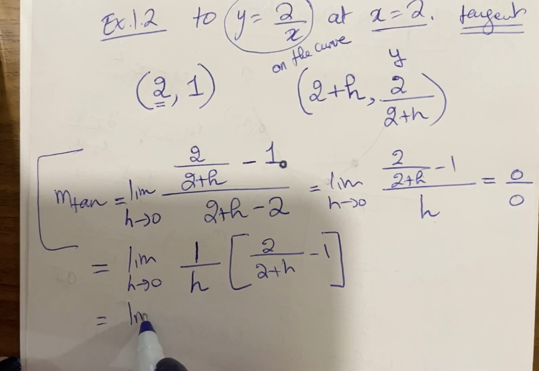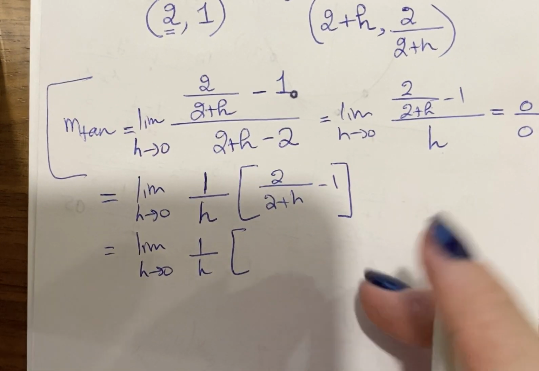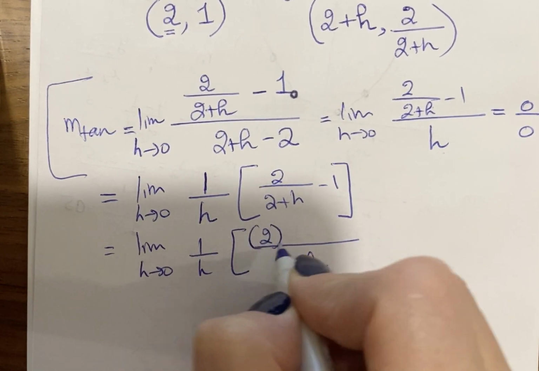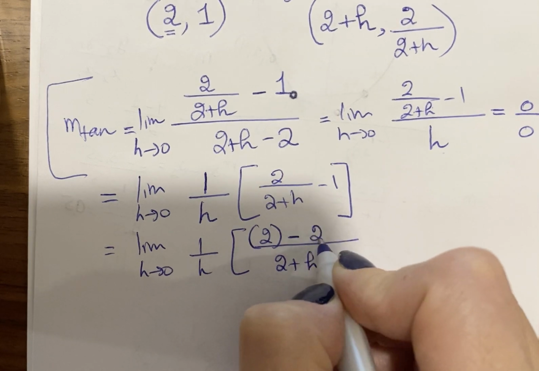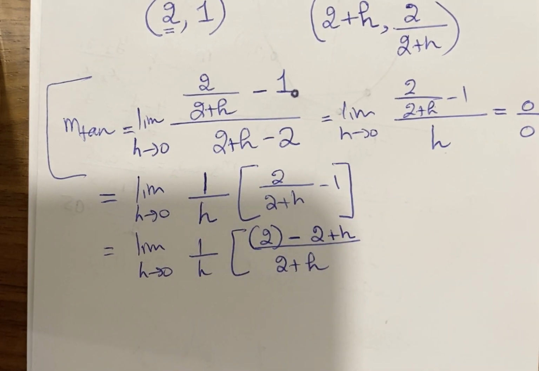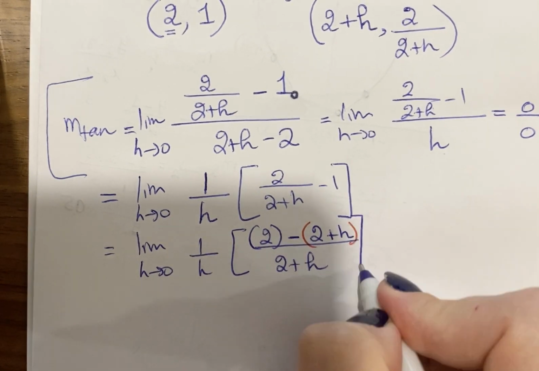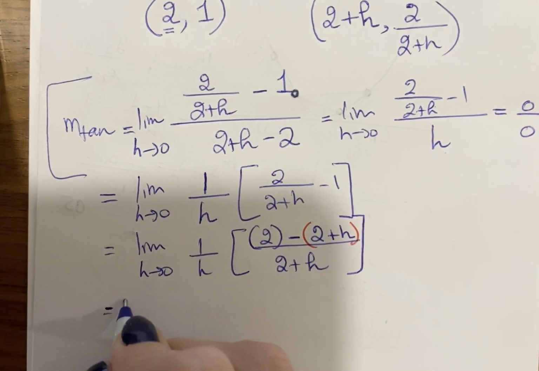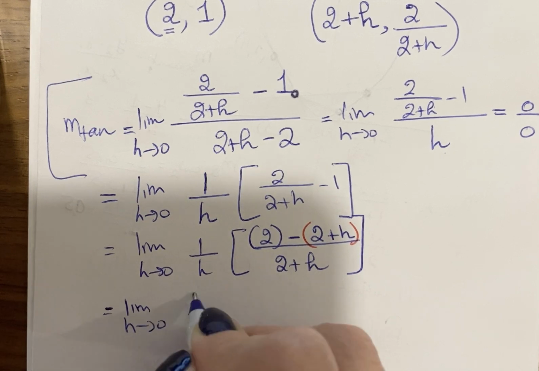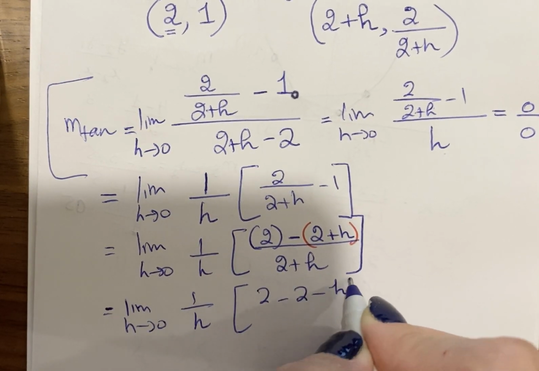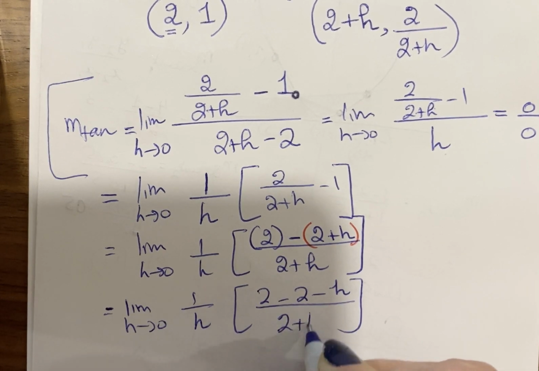This gives me limit of 1 over h. Take a common denominator: 2 minus (2 plus h). The common mistake here is forgetting the bracket, so please be very careful. Which gives me limit as h approaches 0, 1 over h, 2 minus 2 minus h.